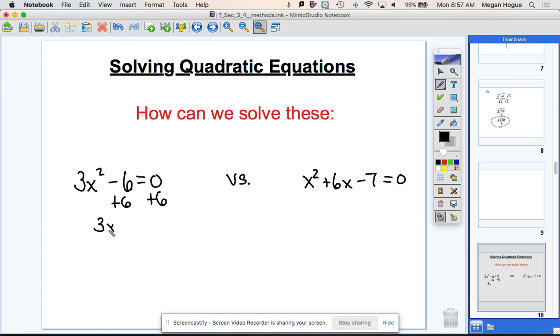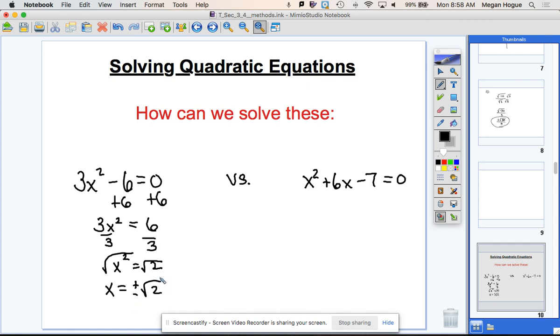I'd say 3x squared equals 6. And then I'd divide by 3, and I'd say x squared equals 2. And I'd square root. And I'd say square root of 2, but I'd also need plus or minus in front of that.